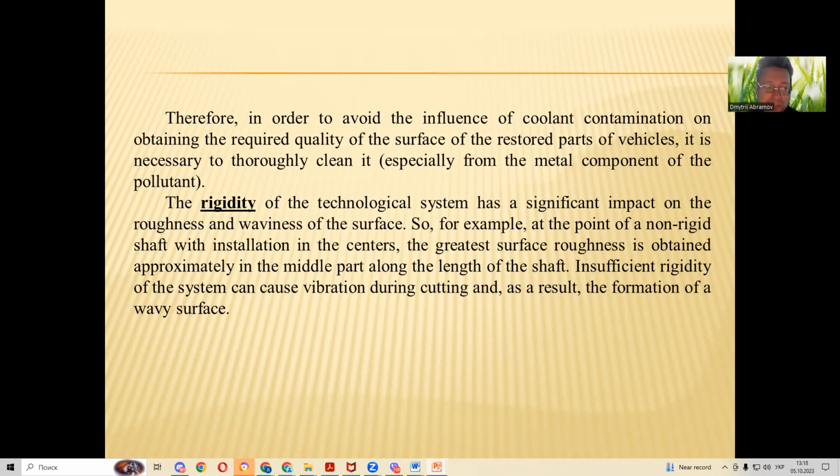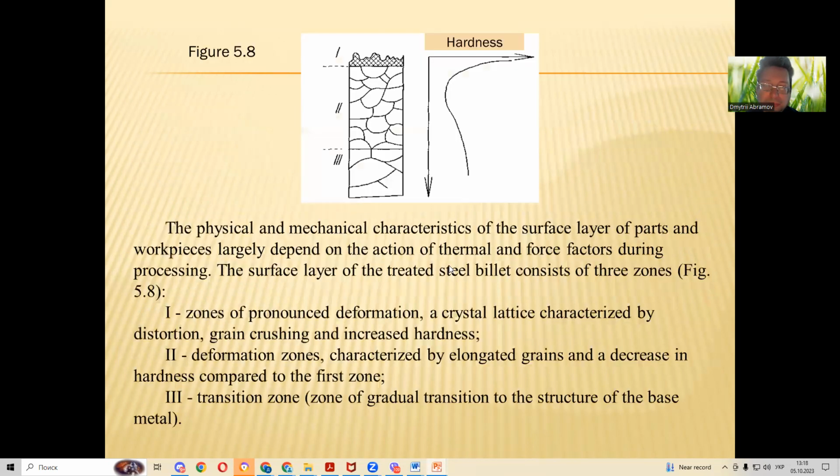Insufficient rigidity of the system can cause vibration during cutting and, as a result, the formation of a wavy surface. In figure 5.8, you can see the hardness of the surface.